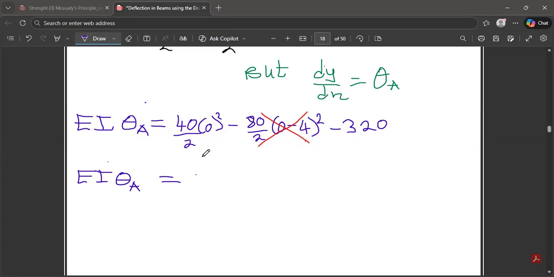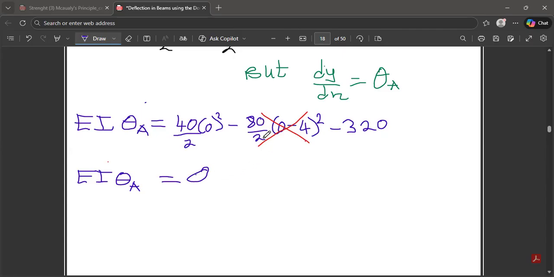40 divided by 2, multiplying 0 all squared, what are you going to get? You are still going to get the same 0 because any number times 0 is still 0. So the whole of here is going to give you 0.